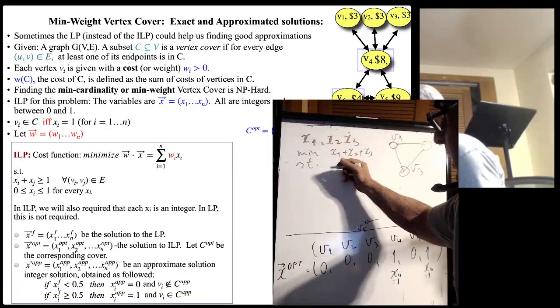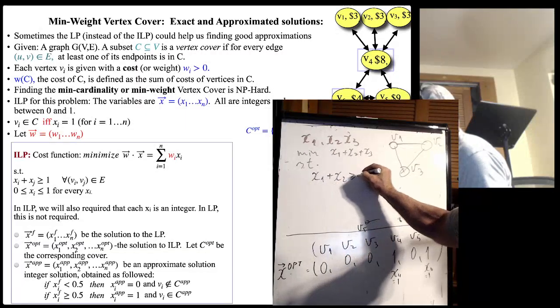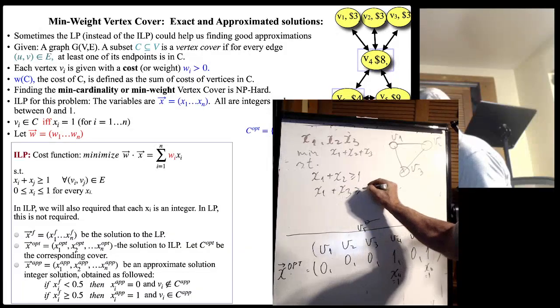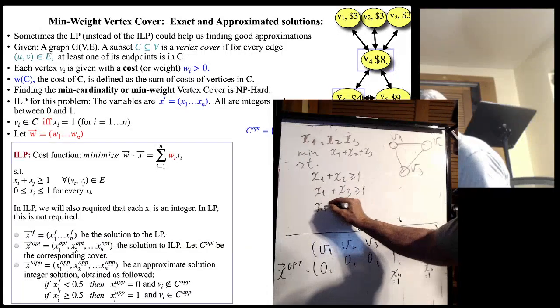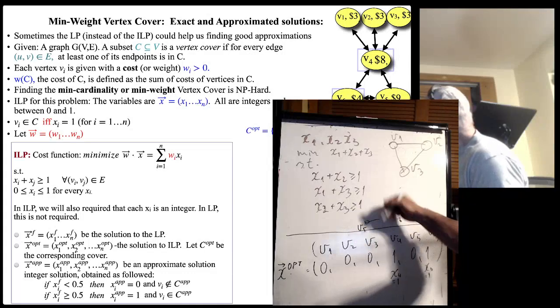x1 plus x2 is larger or equal to 1, x1 plus x3 larger or equal to 1, and x2 plus x3 is larger or equal to 1.